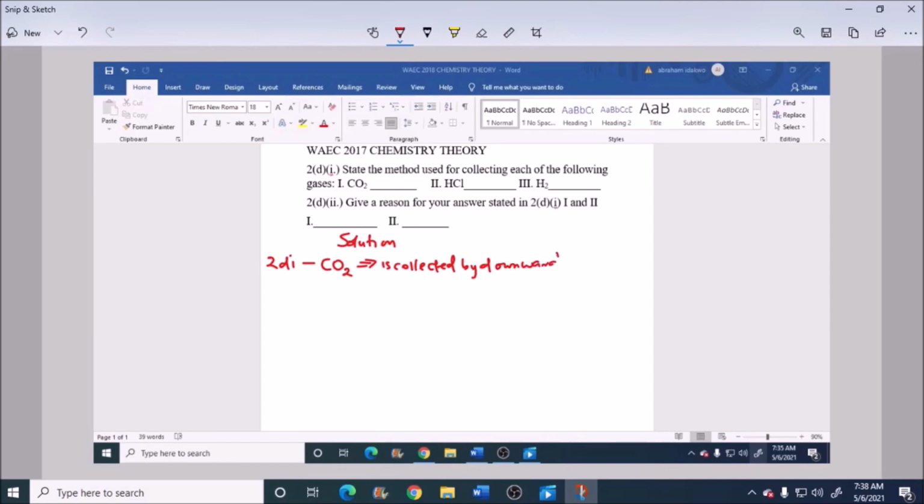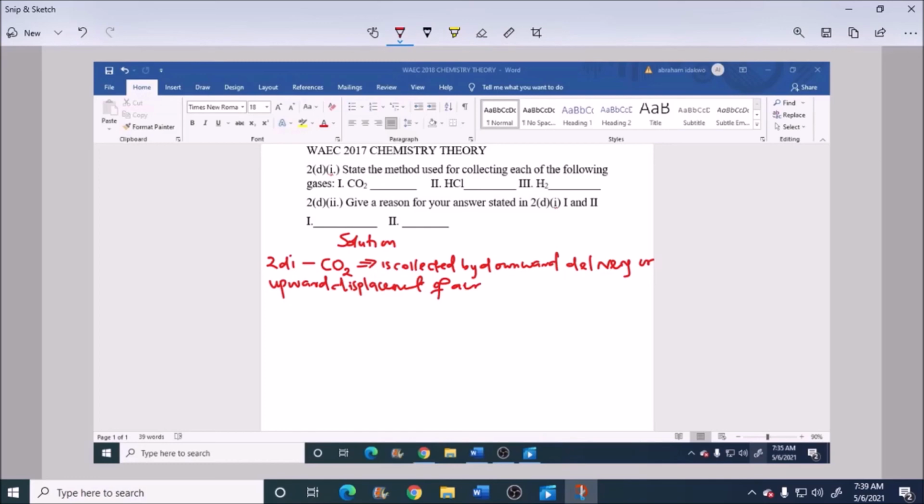Carbon dioxide is collected by downward delivery or upward displacement of air.